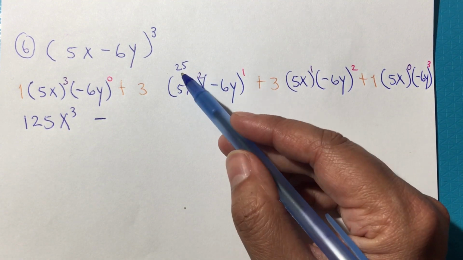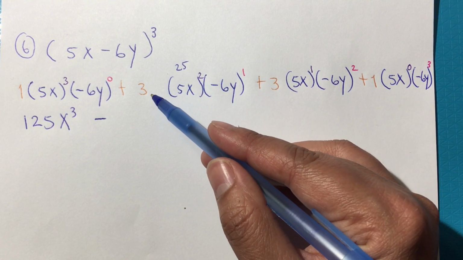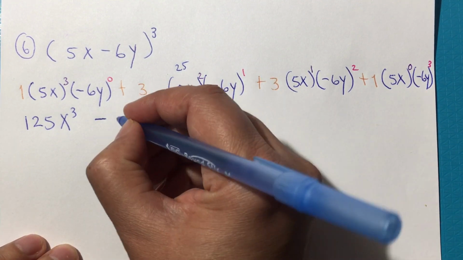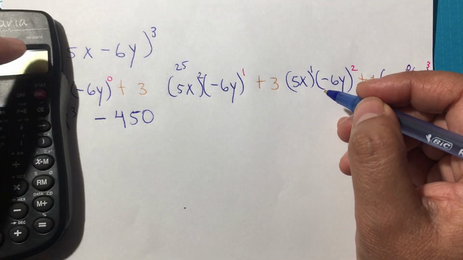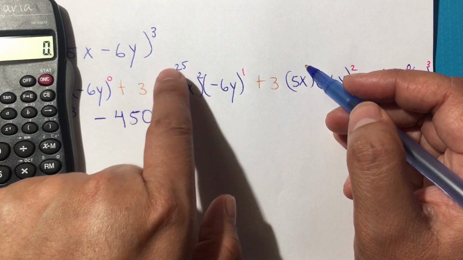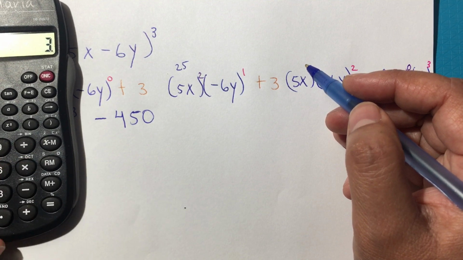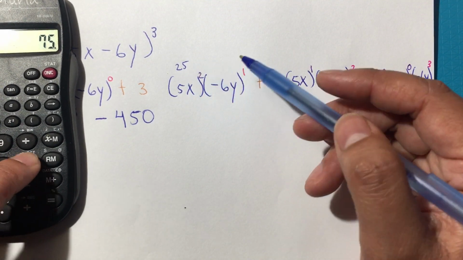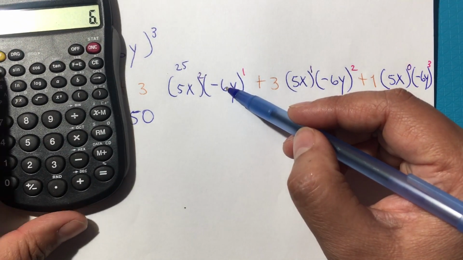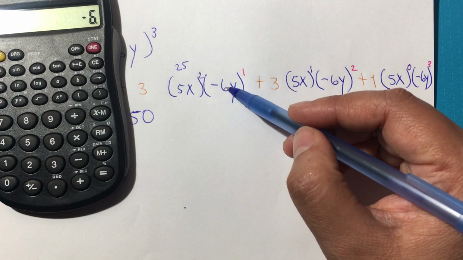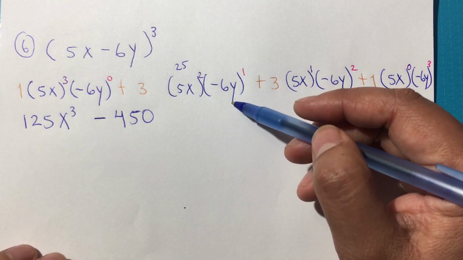And so 6 times 25 is 150. Times 3 is 450. And again, you can check with your calculator, okay? If you're not sure, it's 3 times 25 times 6 with this to make a negative, and then equals negative 450.